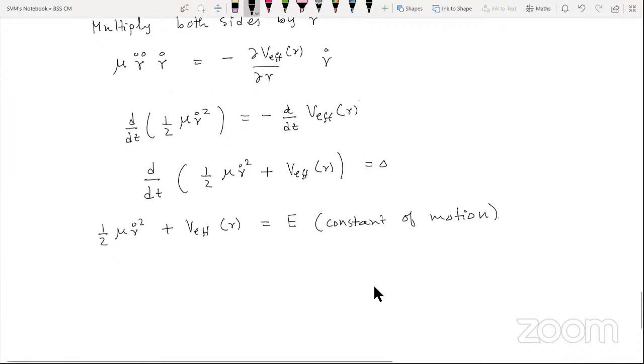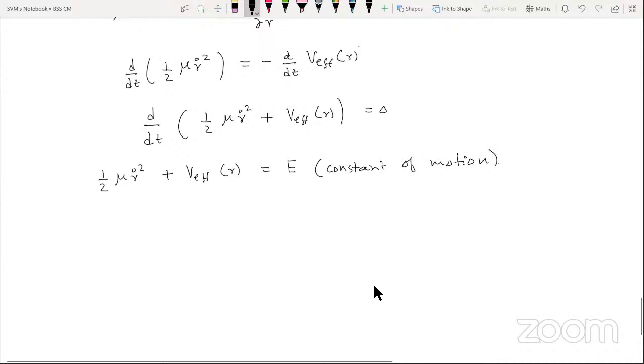Okay. Now this is slightly easier to solve because this is a first order equation. So what I will do is, with 2 times E minus V, I can write down dr by dt as the square root of 2 by mu into E minus V effective of R. Okay, so this is a first order differential equation, of course with the square root, because this is R dot square.